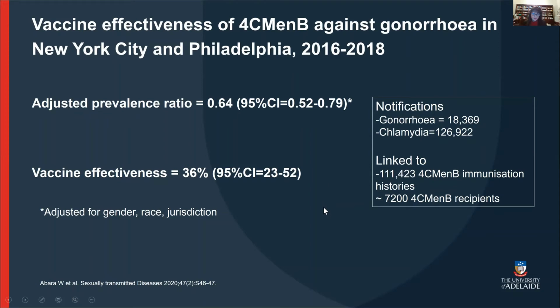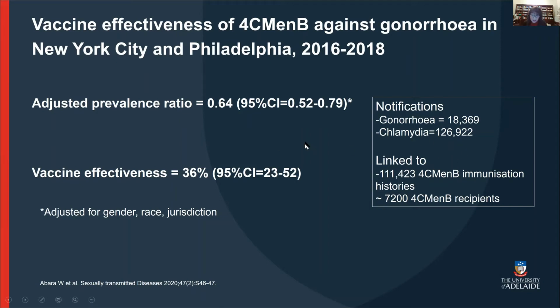The next study is a retrospective case control study, which was done in the US, New York City and Philadelphia. This is published at the moment just as an abstract from a presentation. There's not a lot of details about it, but they did estimate a vaccine effectiveness of 36%, using a very similar methodology to New Zealand with the case control approach, chlamydia as controls, and you'll see a very large number of cases of gonorrhea and chlamydia.